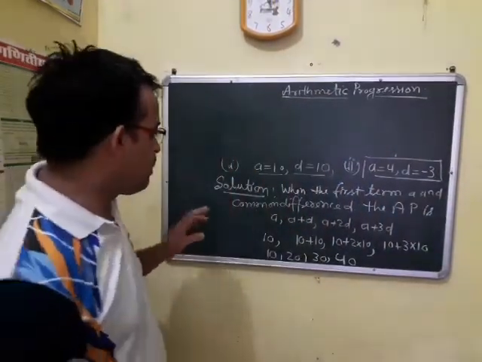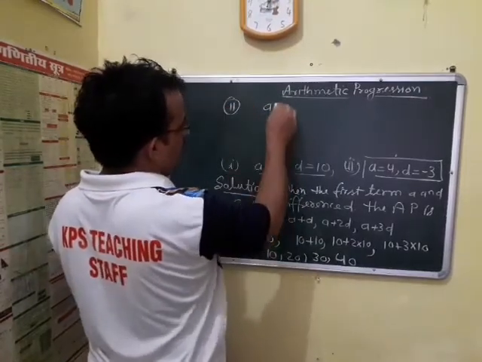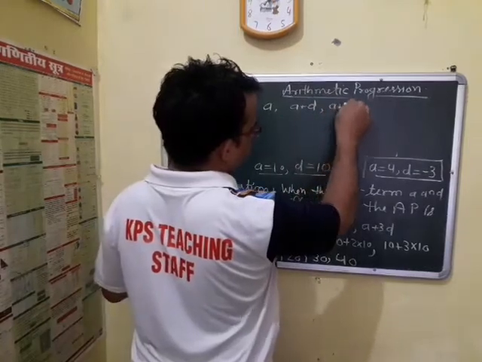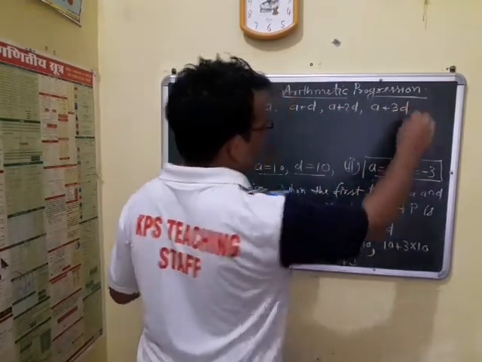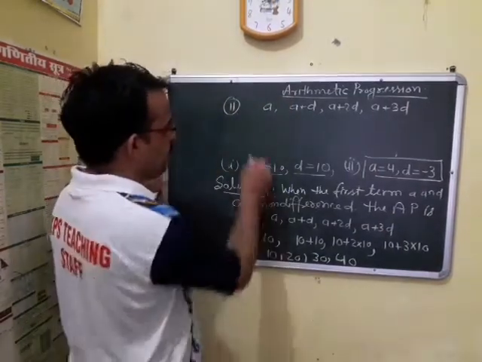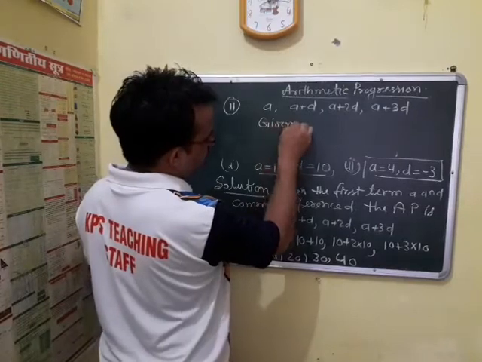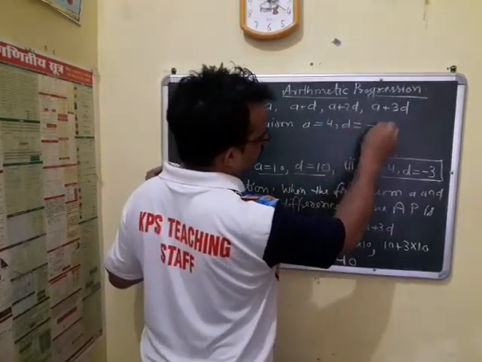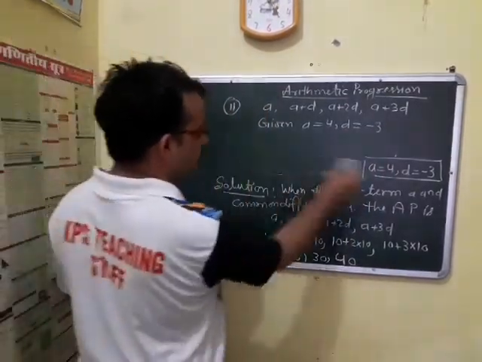Your four terms are given here: A, this one is the second, A plus D, A plus 2D, A plus 3D. Now here it is given A is equal to 4 and D is equal to minus 3. Now put the value of these 2.